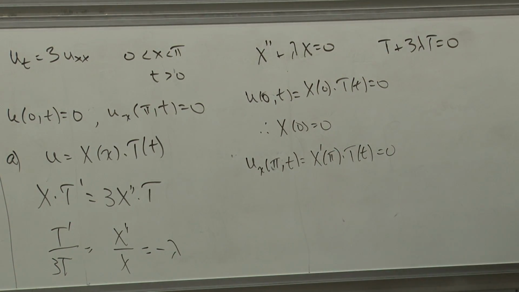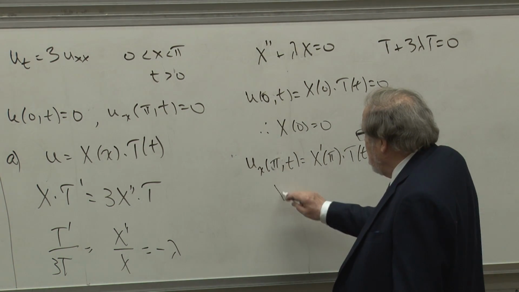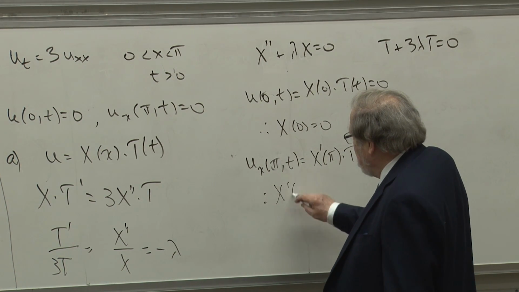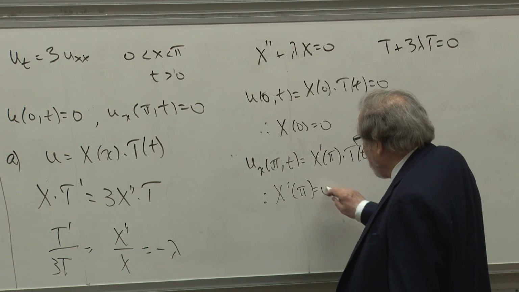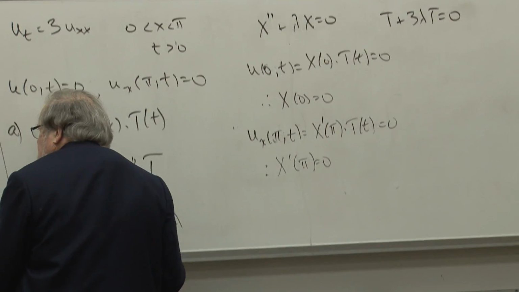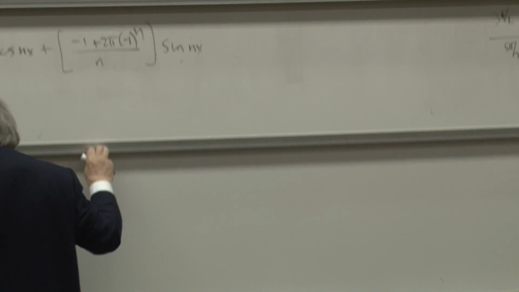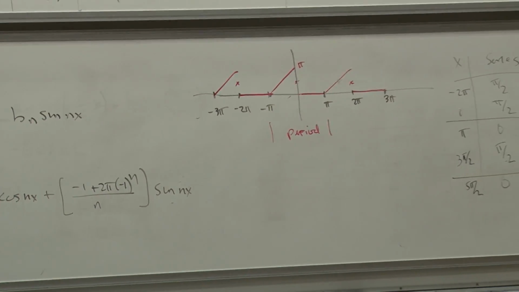Again, for a non-zero solution, we need the t function not to be 0 everywhere, and so x prime at pi is 0. So that's two differential equations and some boundary conditions.